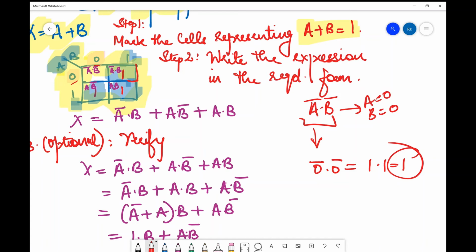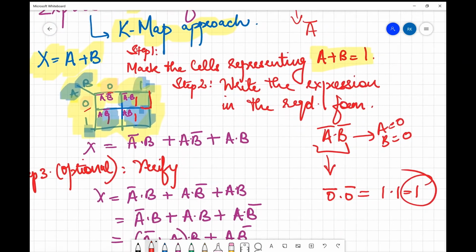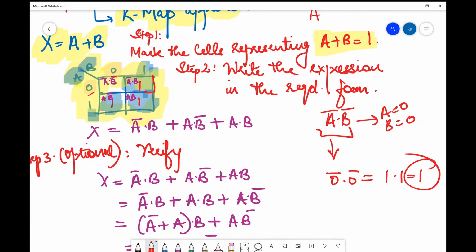Now, since 0 0 is not one of the cells which gives true output for A plus B equals 1, just reverting back to the step where we marked all the cells representing A plus B equals 1, these were these 3 cells, 1, 2 and 3.